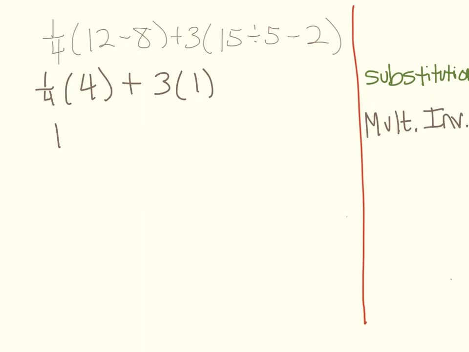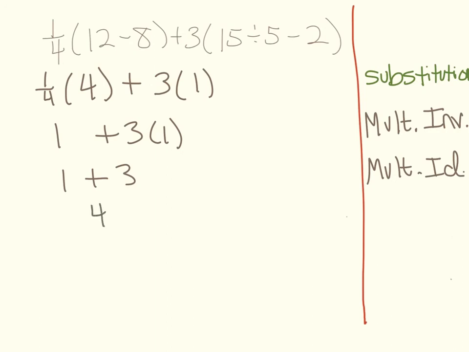Next thing we would do is, when we drop to the next line, we're going to do 3 times 1 and get 3. That's an example of the multiplicative identity property. Okay, and then lastly, 1 plus 3 is 4. That's an example of substitution.